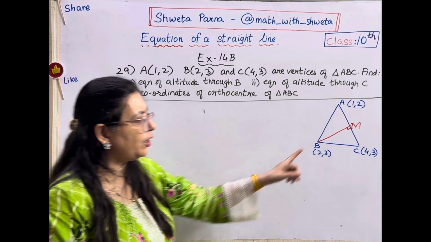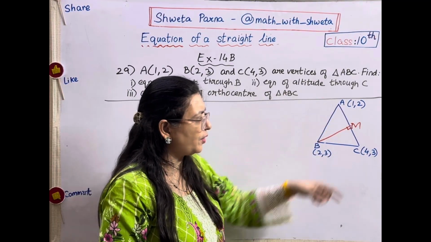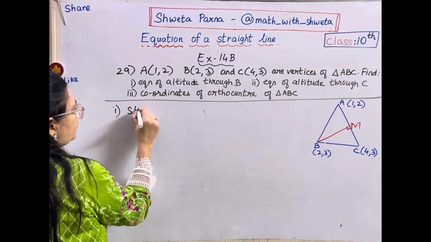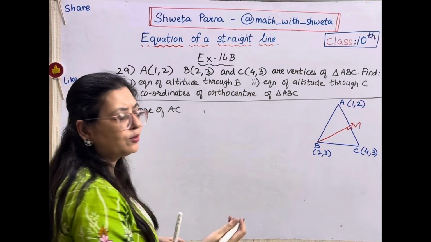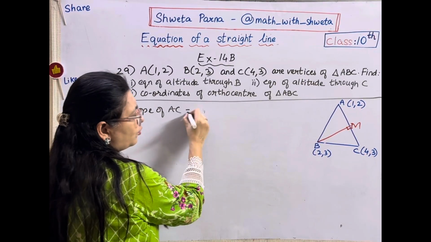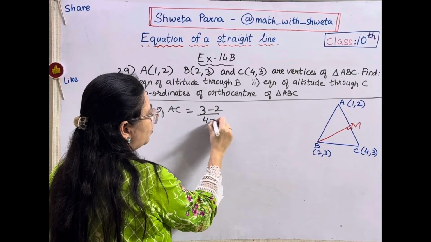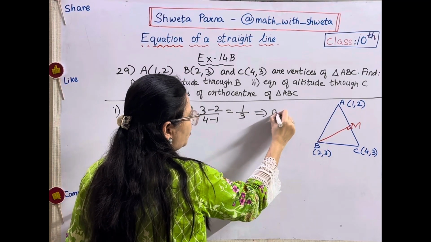So what do you need? Point B is there, but you need the slope. So first you will find the slope of AC. From the slope of AC, you can get the slope of BM, right? So the slope of AC is y2 minus y1 upon x2 minus x1, which is 1 upon 3. This is m1.